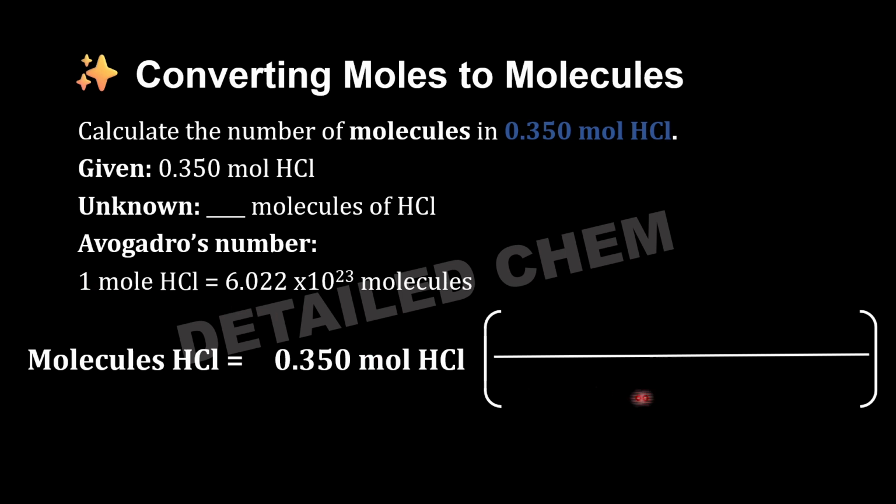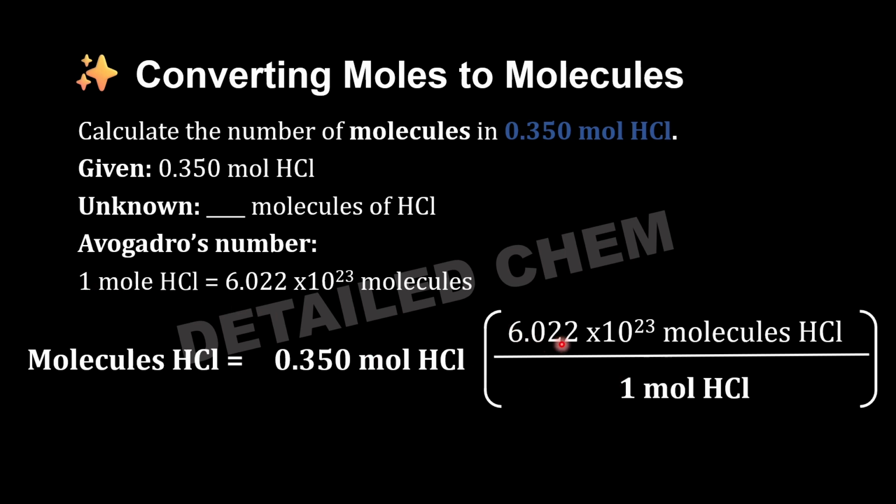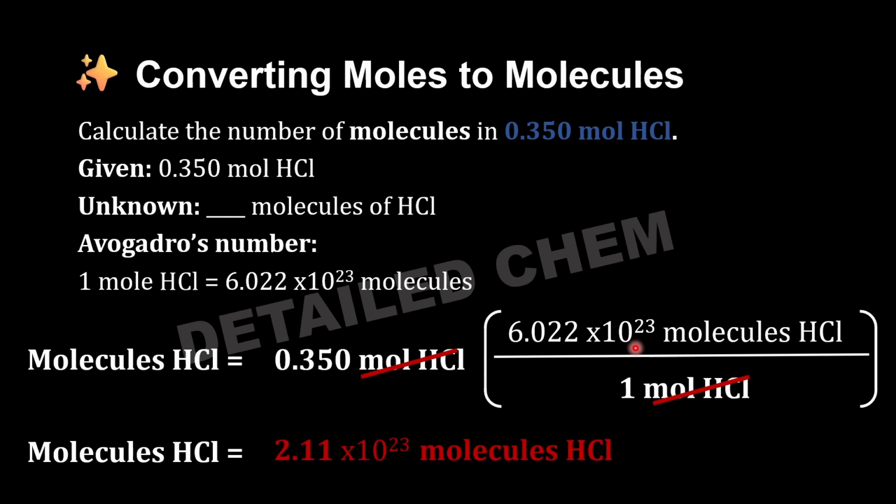We put 1 mole of HCl in the denominator, and the numerator is 6.022 times 10 to the 23 molecules of HCl, so we can cancel these units. Calculating 0.350 times this value, it equals 2.11 times 10 to the power of 23 molecules of HCl.